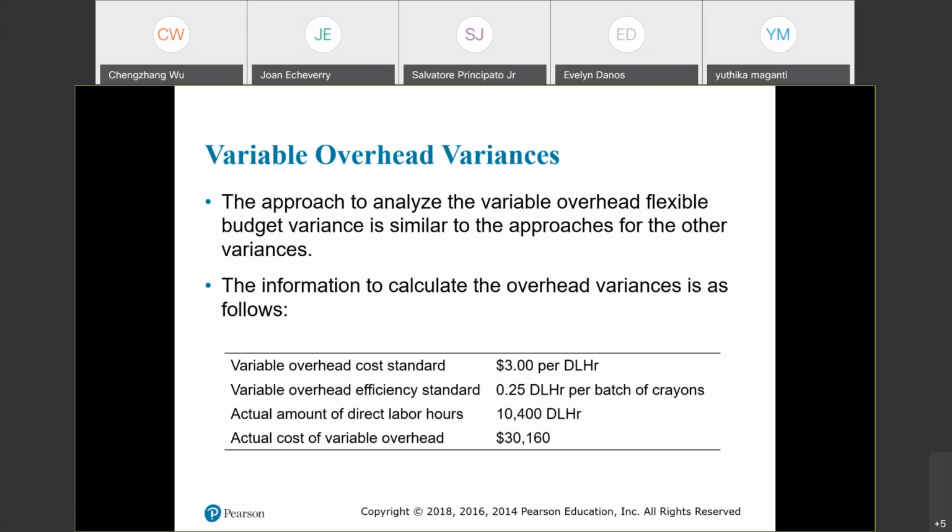So the approach is similar. First of all, let's take a look at the variable overhead part. We need to look at two variances caused by the variance of cost and the variance of efficiency.